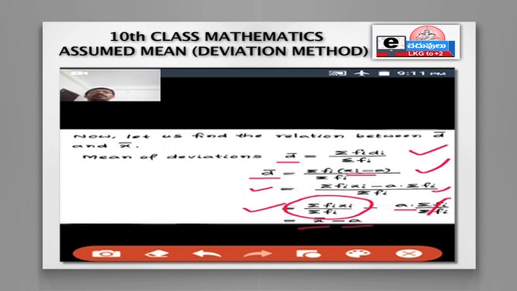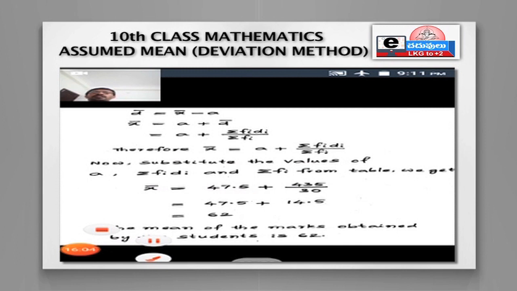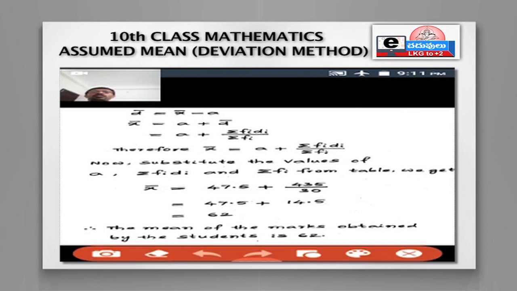A. So we got d bar is equal to x bar minus a. Now transpose this minus a to left hand side. Then we get x bar is equal to a plus d bar.